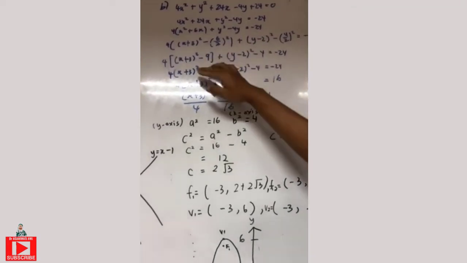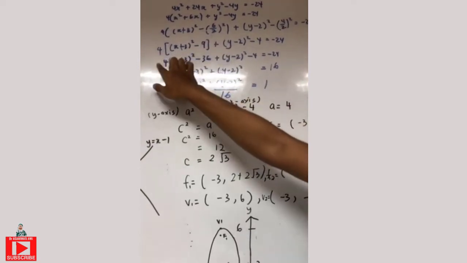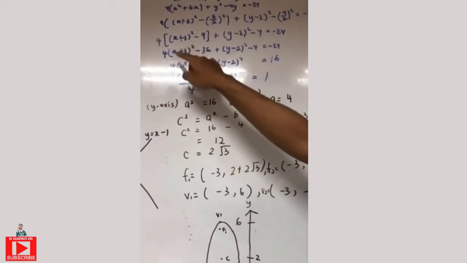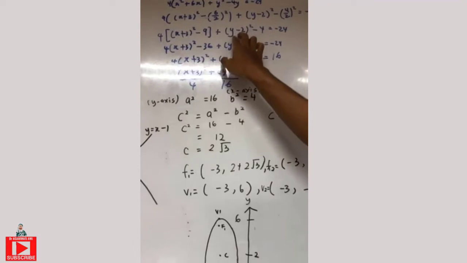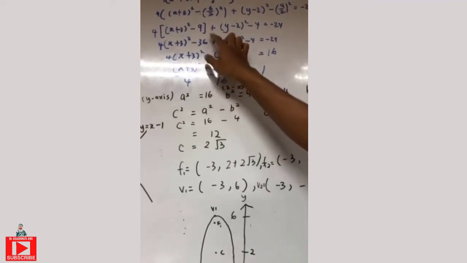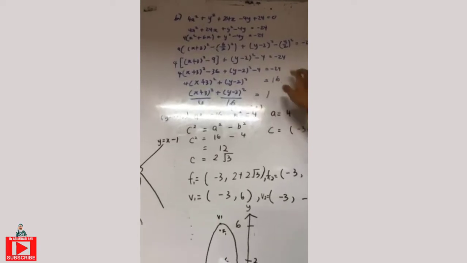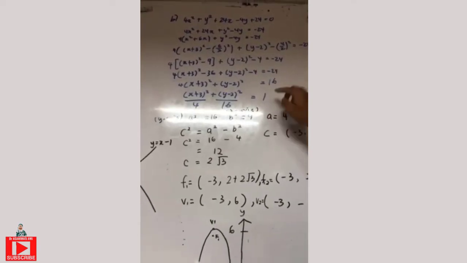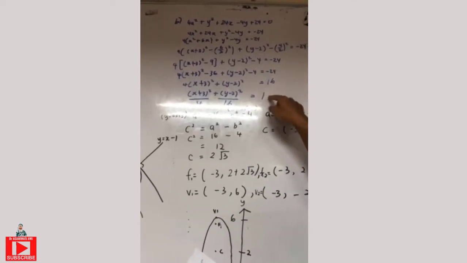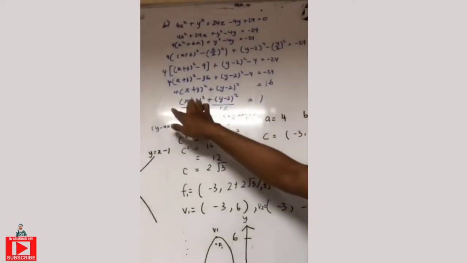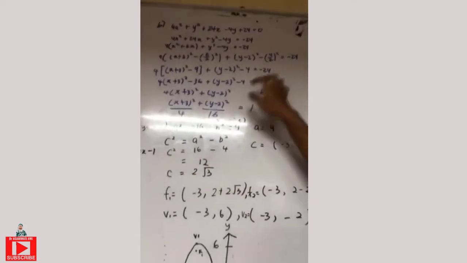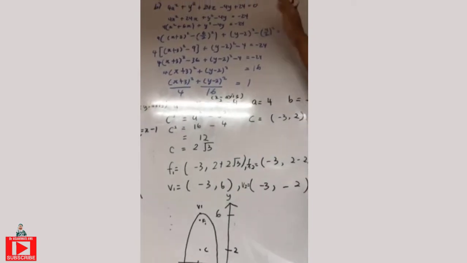Lepas kita dah kira, jangan lupa insert yang 4 ni sebab memang kena darab dalam dia. Lepas kita dah cari yang nombor biasa ni, kita kena tolak dan tambah sampai kita make sure yang dia punya kat tepi ni 1. Dan ini dia punya standard equation untuk ellipse from this equation.